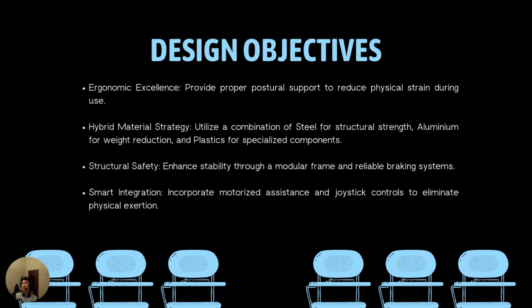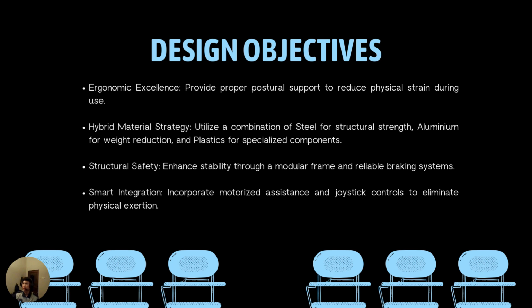For our design objective summary, ergonomic support focuses on reducing strain, and hybrid material strategy focuses on lightweight materials using steel and aluminium.